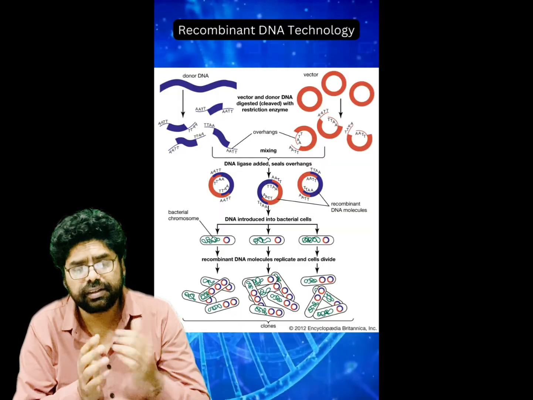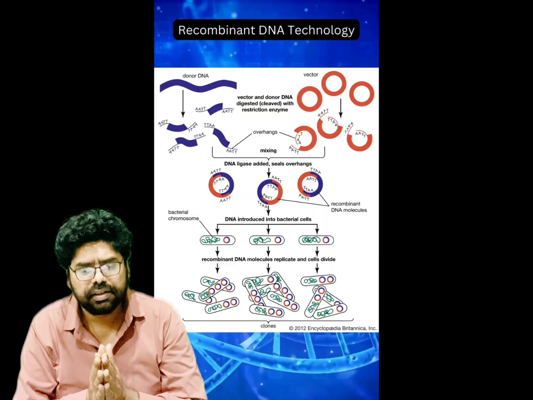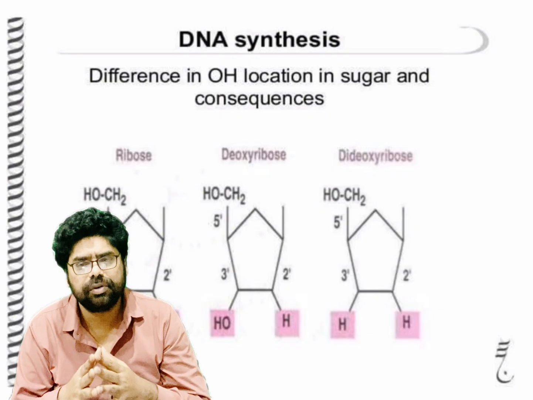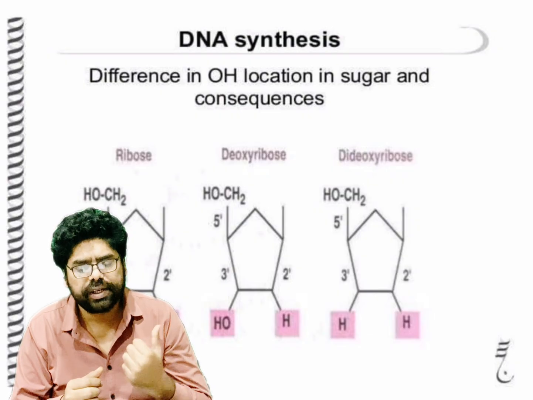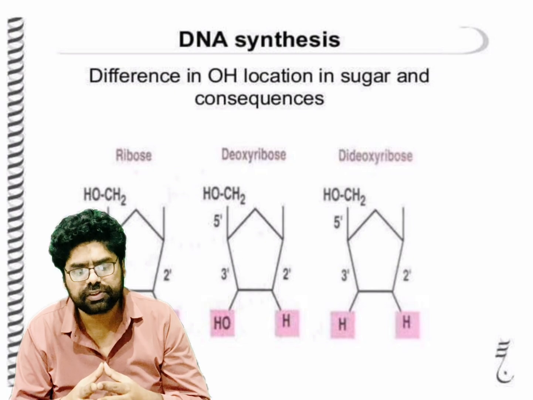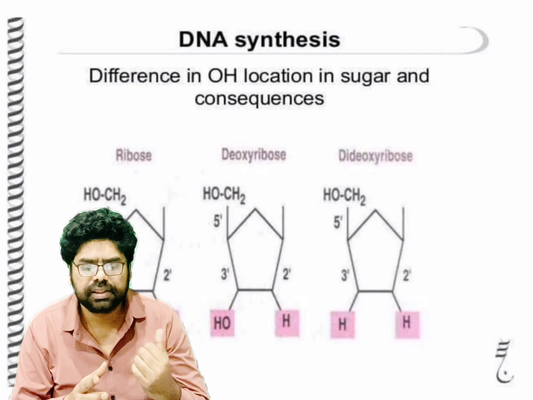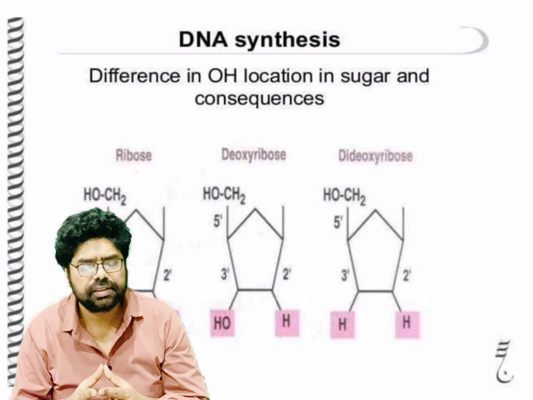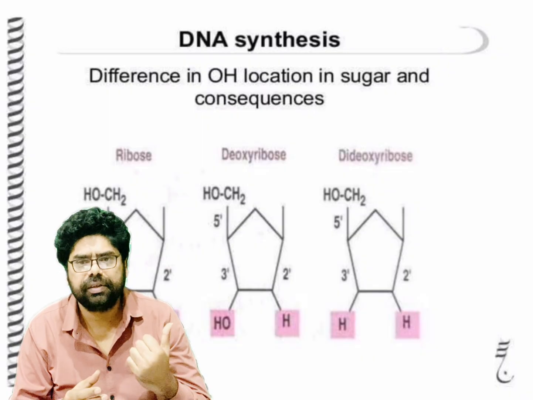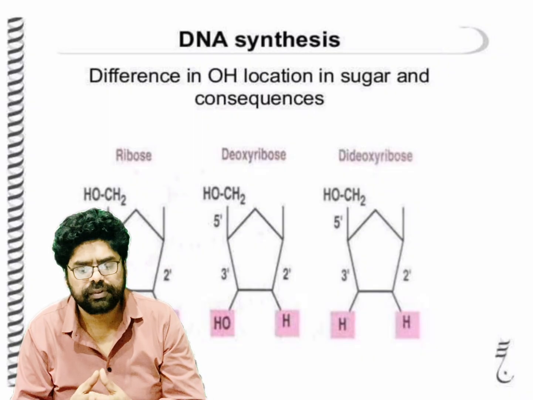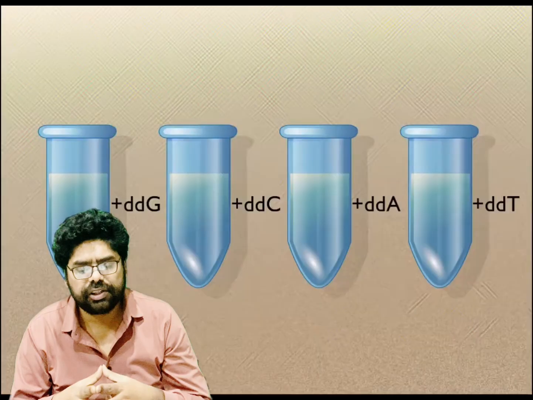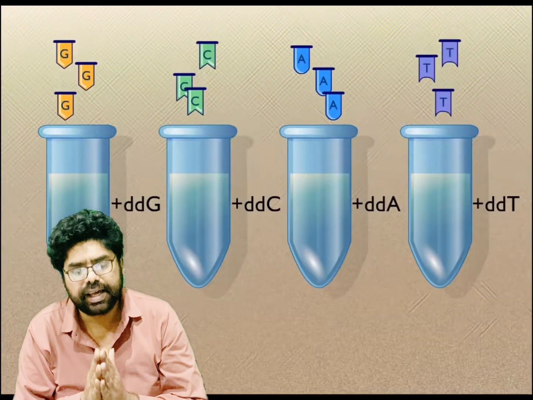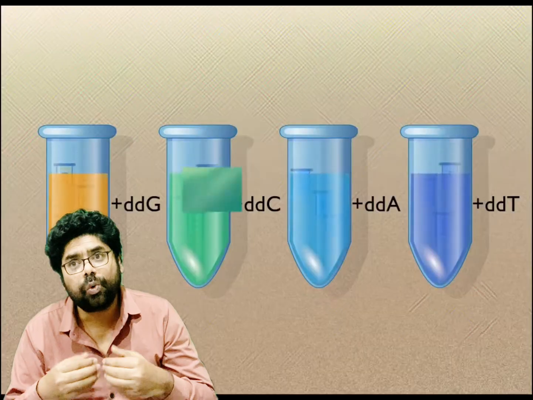Now you can see different kinds of sugar structures. The first one is ribose, which has two OH groups, and the second one is deoxyribose, which has one OH and one H. The third one is dideoxyribose, which has H and H. So dideoxyribose does not contain any OH.